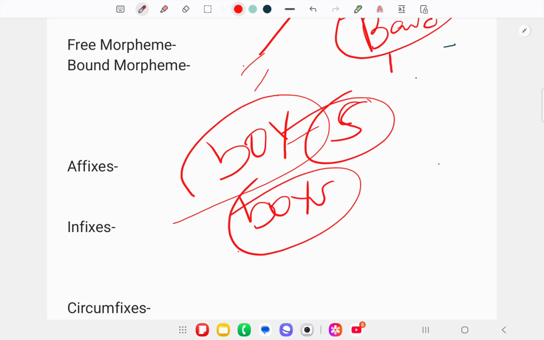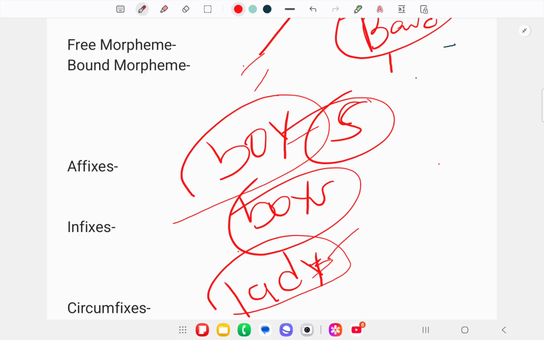And if you have an example like lady, then the rule is to remove the y and attach ies. So in English, to make the plural of a word, you attach s, es or ies as a suffix.